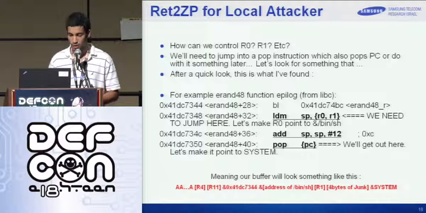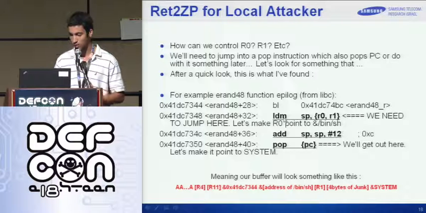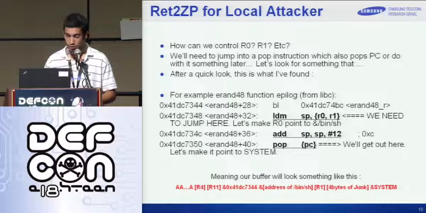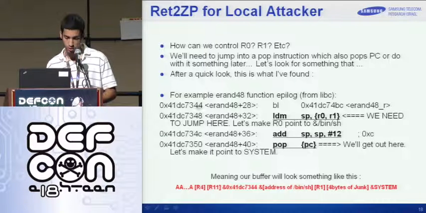So I just ran a quick regular expression on libc. And you can see LDM is like pop in Intel. It's similar. I don't want to get into details about what's different. But you can see it's popping R0 and R1. So if we jump right here, to this address, we'll be able to pop R0 and R1.